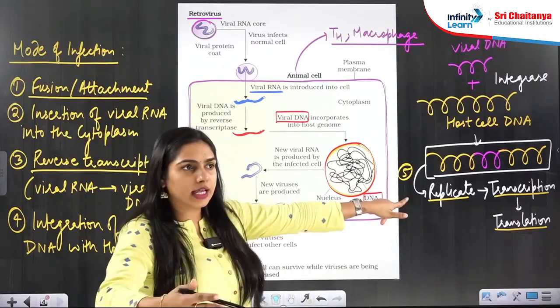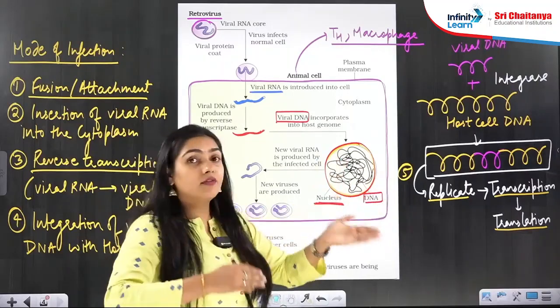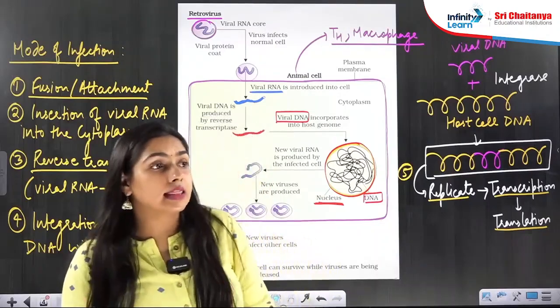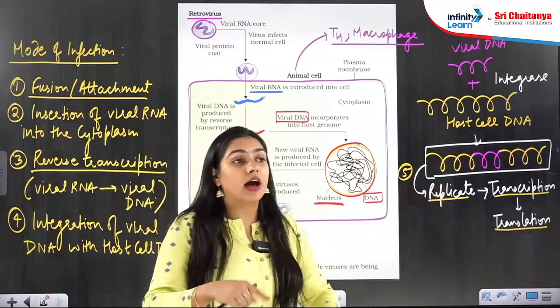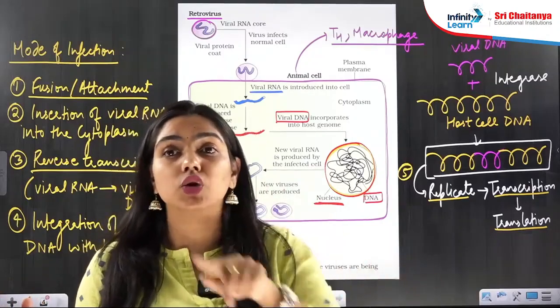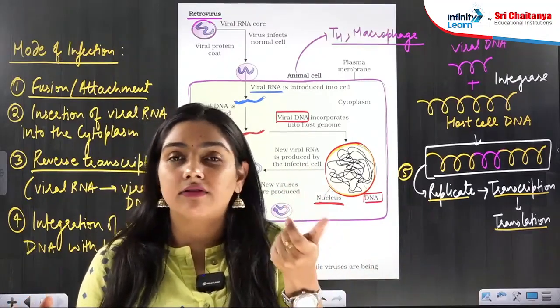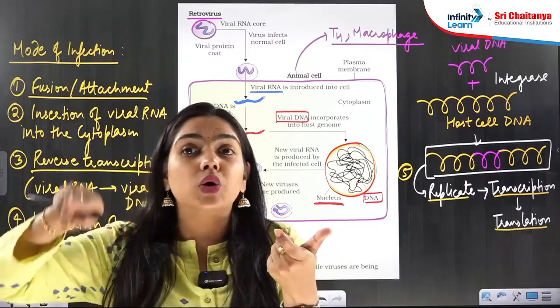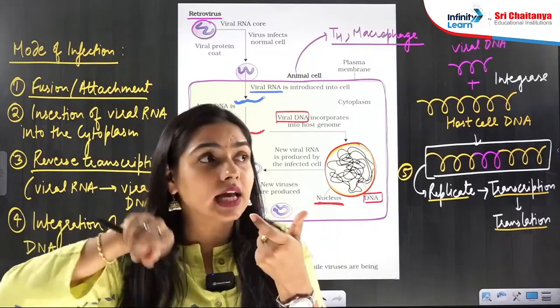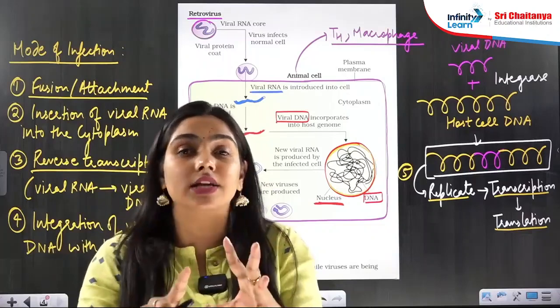From DNA to DNA, viral DNA is formed. Then from viral DNA, viral RNA is formed, transcription. And then from viral RNA, viral proteins are formed. And what is required for the new virus particle? Viral RNA and proteins are required. Protein coat is there, na?